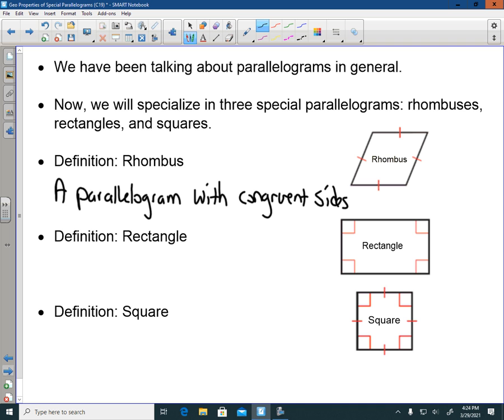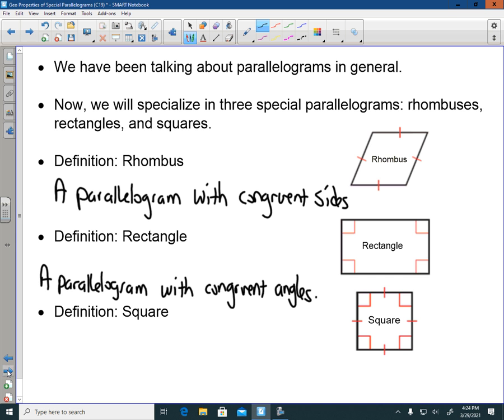A rectangle is a parallelogram with congruent angles. The reason why all rectangles have 90-degree angles is because in order for a rectangle to be a rectangle, it's got to be a parallelogram with congruent angles.